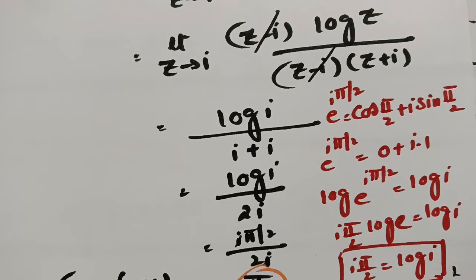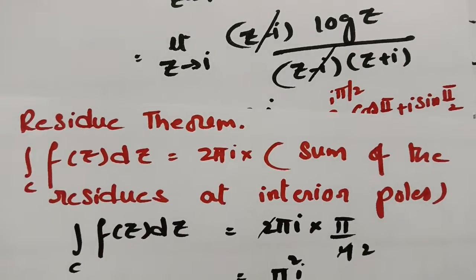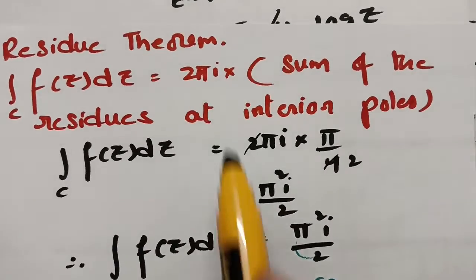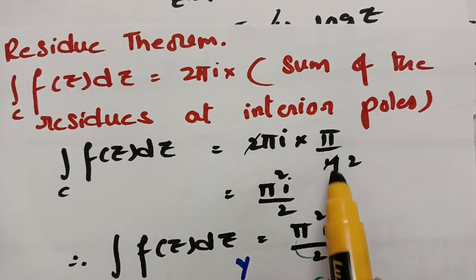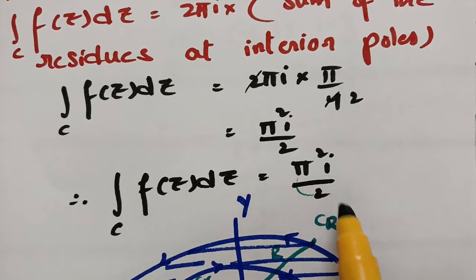After getting the residue value, we have to apply the residue theorem. The residue theorem is nothing but 2 pi i into pi by 4, and the value here is pi square i by 2.